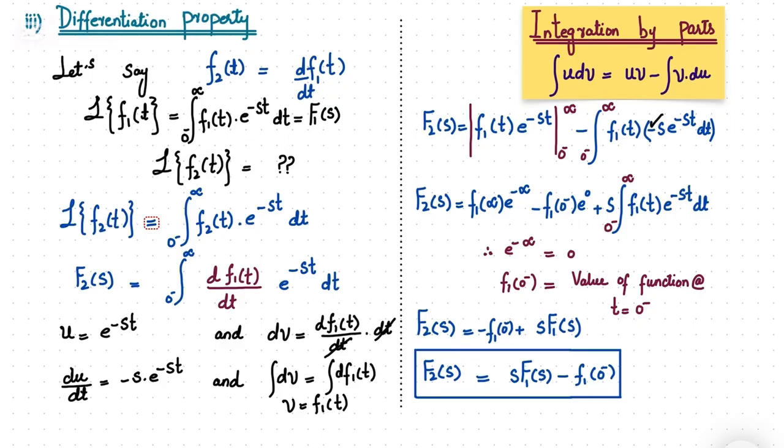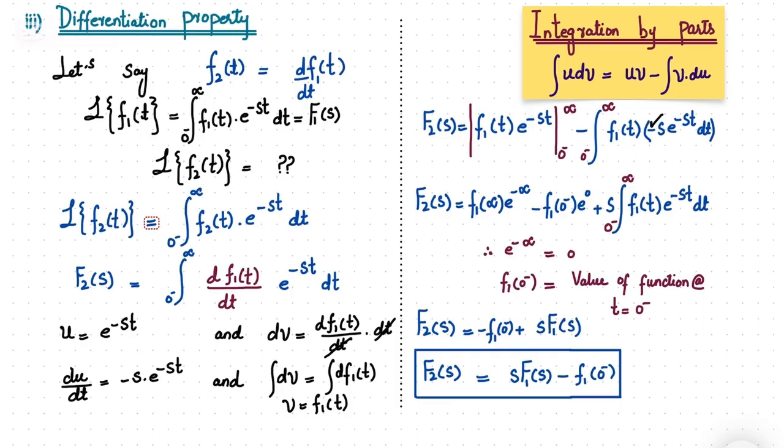So we got this result: the Laplace transform f2 of s is equal to s f1 of s, meaning the Laplace transform of the first function multiplied by s, minus f1 of 0 minus. What is this f1 of 0 minus? This is basically the time domain function, this f1 of t, evaluated at 0 minus.